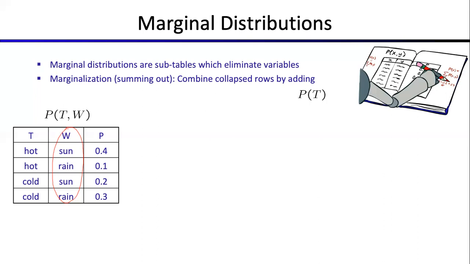I can find out the probability of hot, I can find out the probability of cold, and you already know by now कि कैसे find out करते हैं, by adding the respective rows. Hot की probability क्या होगी? I'll add the probabilities where hot appears.